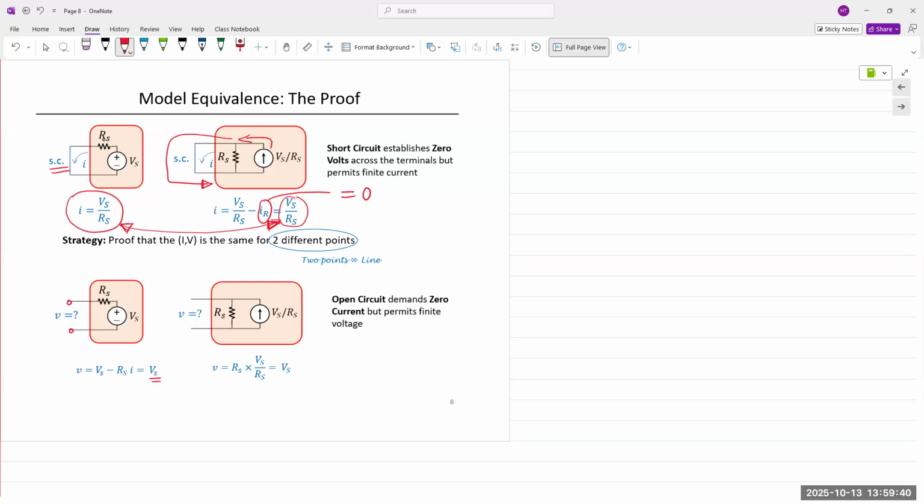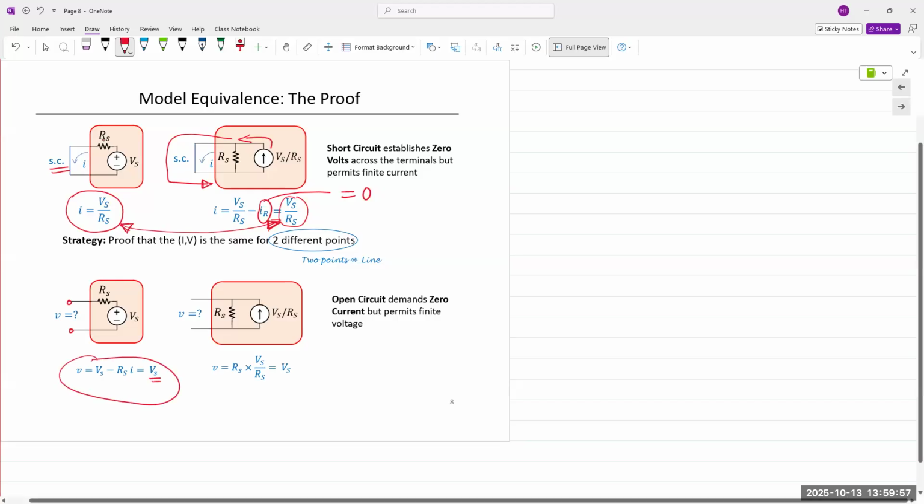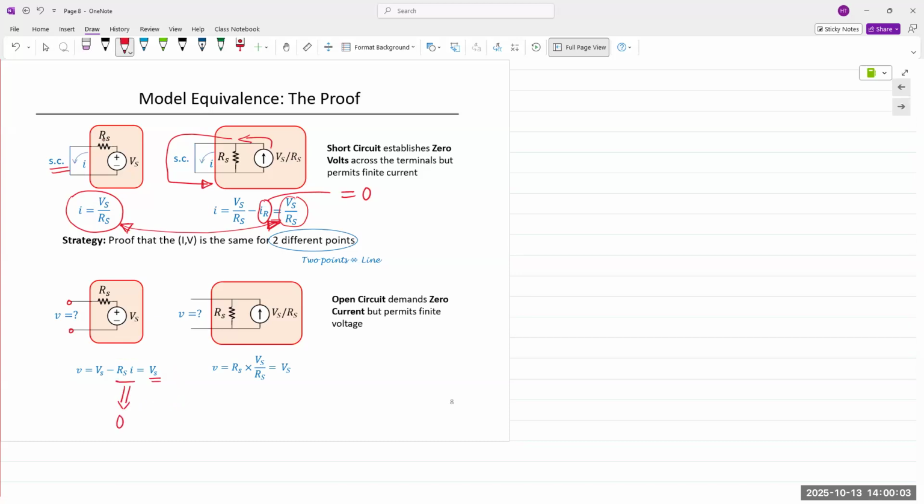If there is no current flowing through there, that means there is no voltage drop across that resistor. If there is no voltage drop across that resistor, it means both ends of the resistor are the exact same potential. So anytime we have open circuit in there, we can apply KVL and we can determine that this quantity goes to 0 and hence voltage V at the output is equal to Vs.